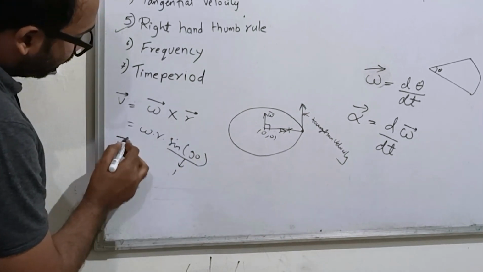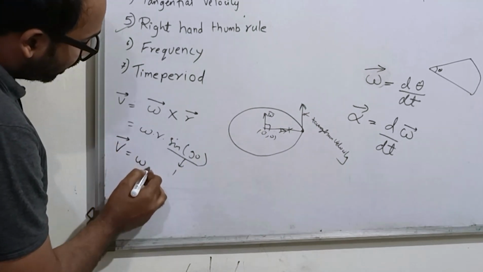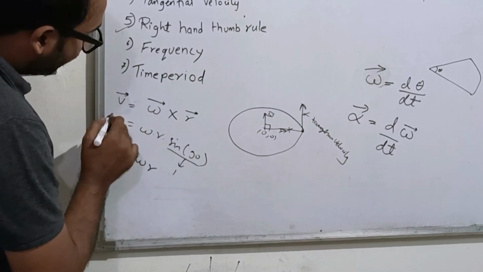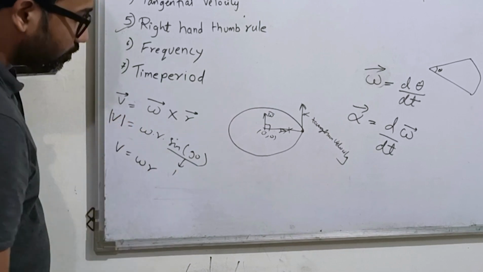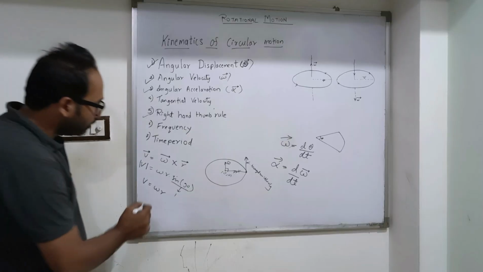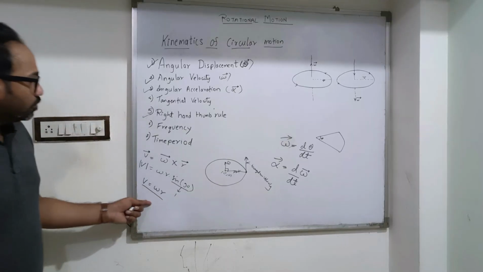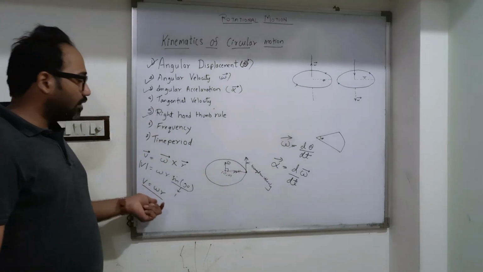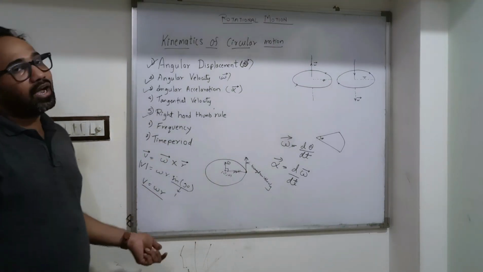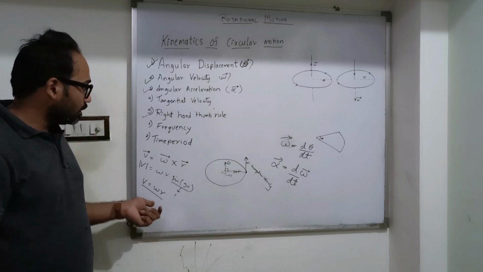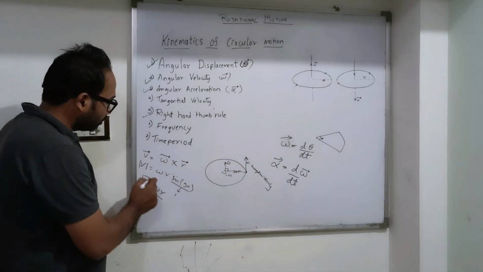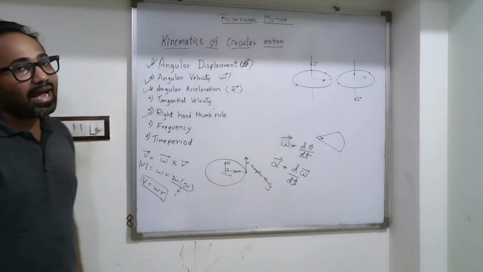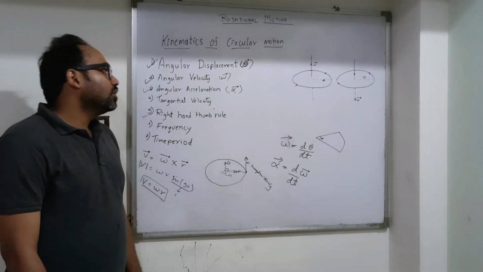That's why velocity is equal to omega times r when we are calculating the magnitude. So the linear velocity would be equal to r times the angular velocity.